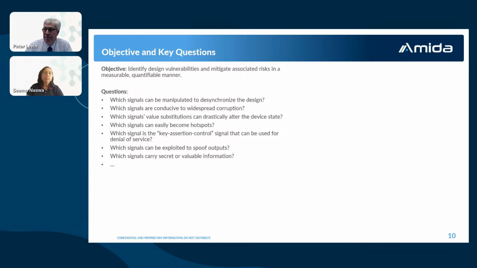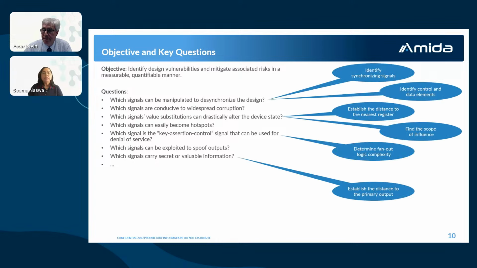Questions like which signals can be manipulated to desynchronize the design, which signal values can be substituted, which signals can easily become hotspots. All these questions about the vulnerability of a design touch on different aspects of design integrity, all the way from control, data, synchronization, etc.